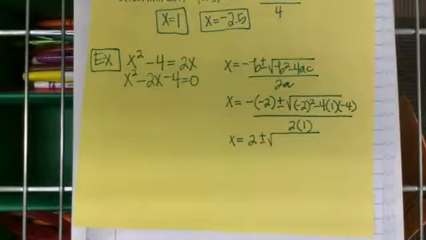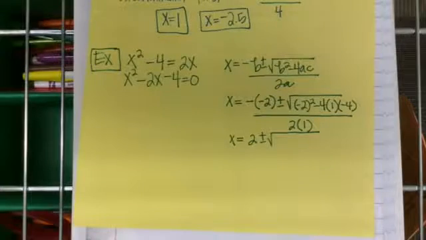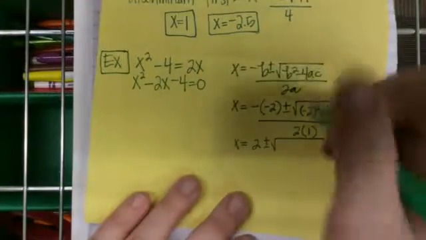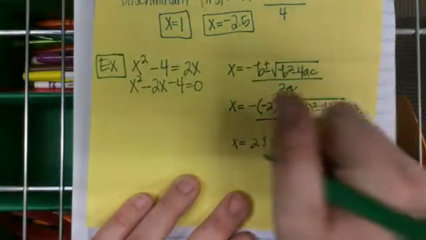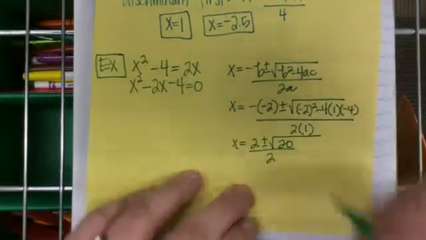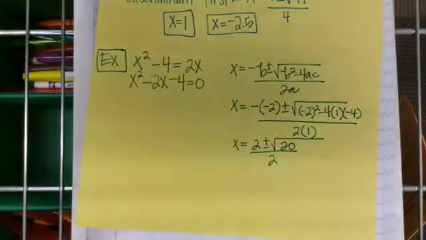If that discriminant is a negative value, you have no solution. So what's negative 2 squared is 4. 4 plus 16, yeah, it's 20. All over 2, correct? Yeah.